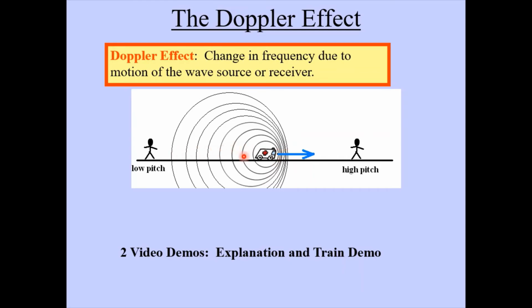On the other hand, conversely, for this observer over here, these sound waves are moving back towards him or her, and since the sound source is moving to the right, these sound waves are spreading out in space, and therefore as they arrive here, they are arriving at a lower frequency, so you hear a lower pitch. So this leads to a very fascinating effect called the Doppler effect. So let's go ahead and watch a couple of short video demos that will explain the Doppler effect.